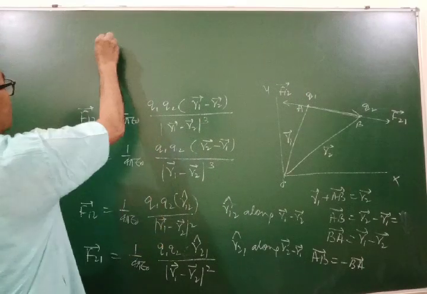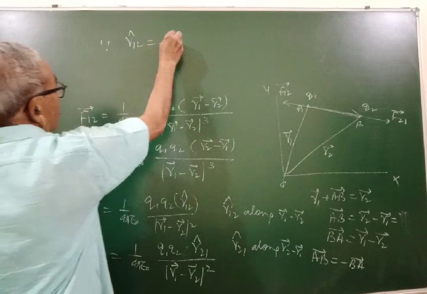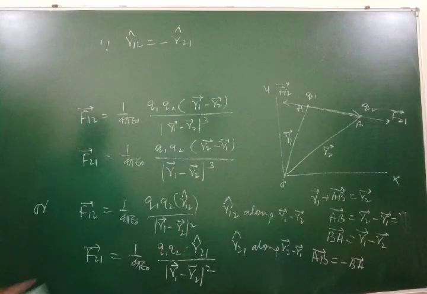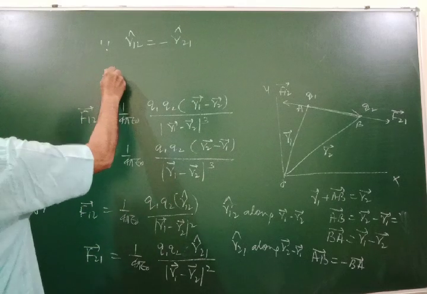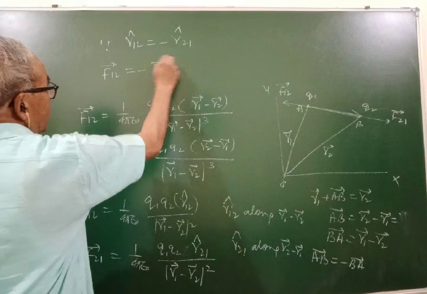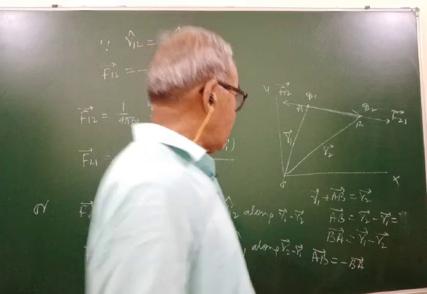Since r12 is equal to minus r21, unit vectors are different, their magnitude comes same, and so we can write vector F12 is equal to minus F21. To every action there is always equal and opposite reaction.